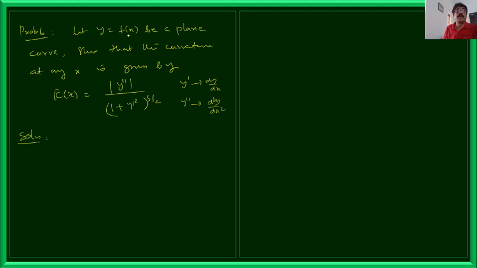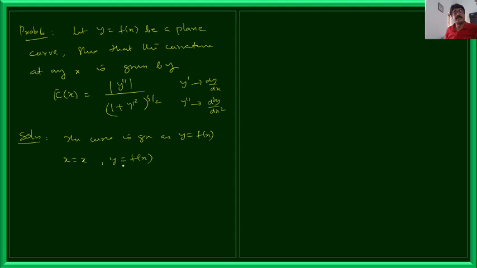Here the curve is given as y is equal to f of x. Actually, x is the parameter here. By writing this y is equal to f of x in the parametric form, you will get x is equal to x and y is equal to f of x.